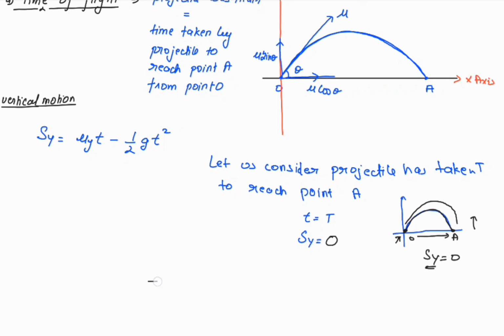Let us see again what I am saying. When you have thrown a projectile like this, suppose this point has coordinate 0, 0, the origin, and here suppose it has traveled x distance in the x-axis, so the coordinate is x comma 0. Because the y coordinate is also 0 at this point, how much distance has it traveled in the y-axis?